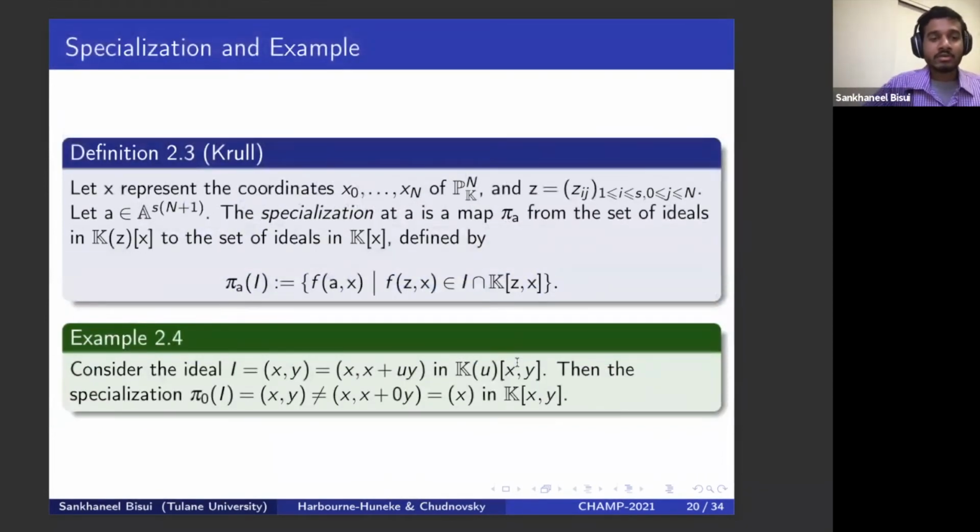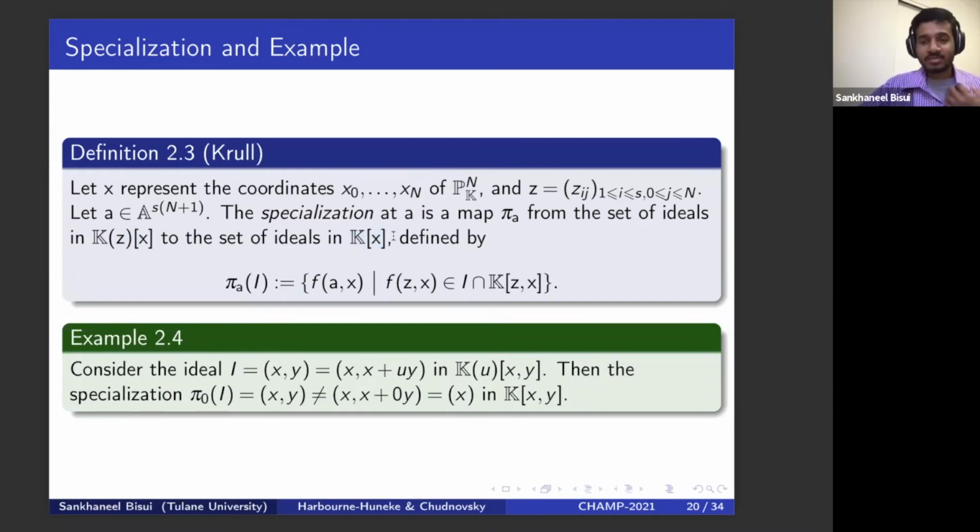Now I'm going to introduce one of the important techniques that has been used, and this is specialization. The way I think of it, specialization is an evaluation map that takes an ideal inside the bigger ring, which in our case is K[Z,X], and gives an ideal which sits inside the coordinate ring K[X].